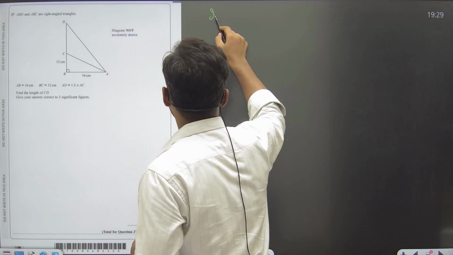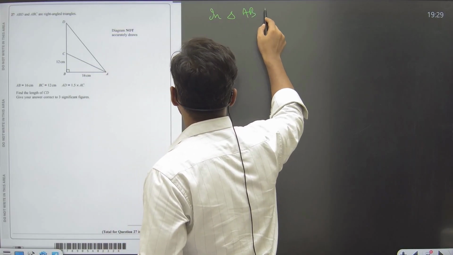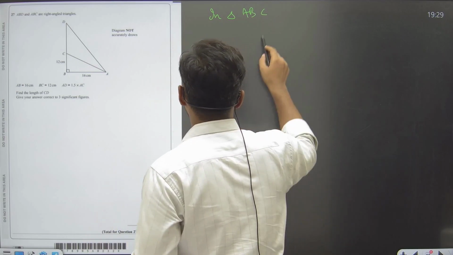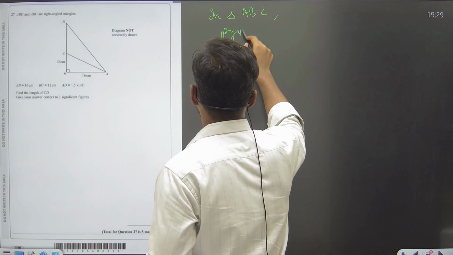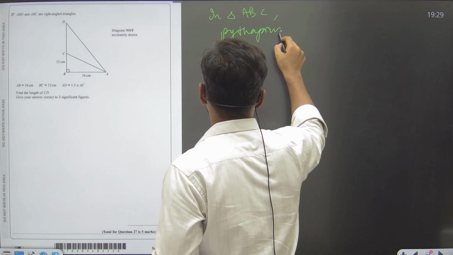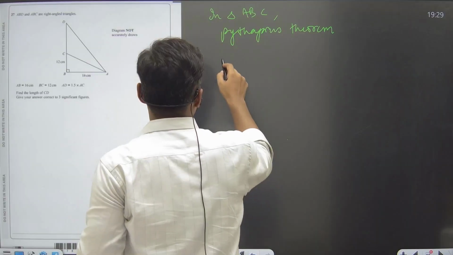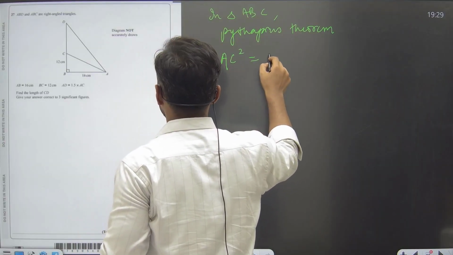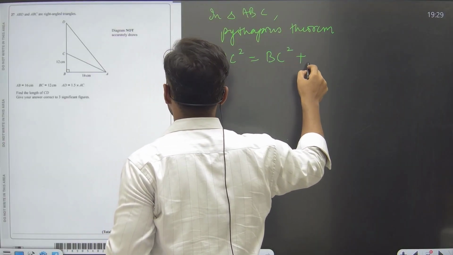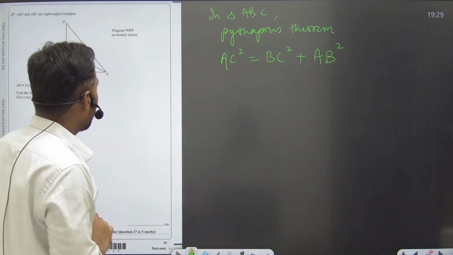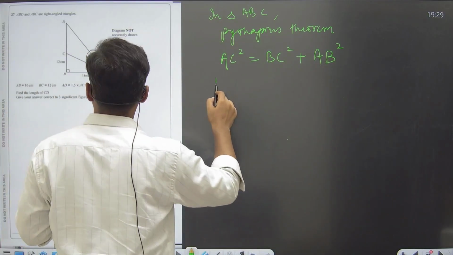So in triangle ABC, if we apply the Pythagoras theorem, we'll get AC square equals BC square plus AB square. AC we don't know.